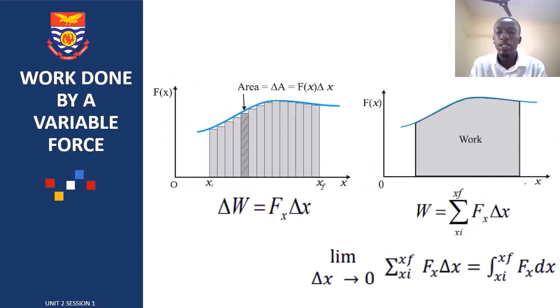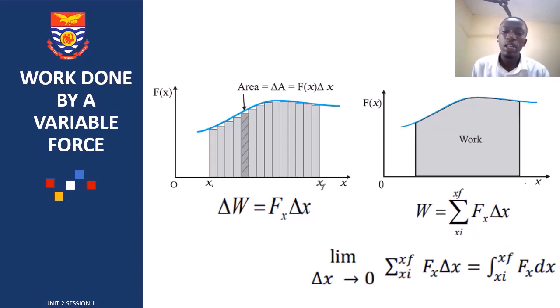Now let's consider a particle being displaced along the x-axis under the action of a varying or changing force. The particle is displaced in the direction of increasing x, from xi, that's our initial position, to xf, that's our final position, as displayed in the diagram below.